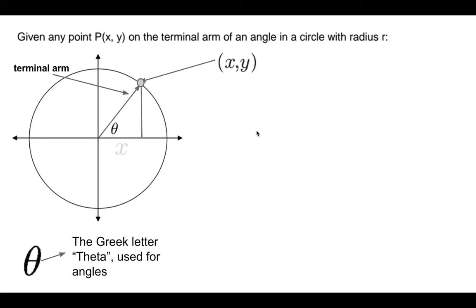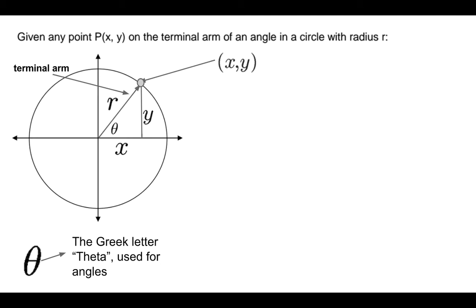The terminal arm, and then we actually have the x and y coordinates tell you that there's x distance and y distances that happen to make up those coordinates. They're kind of the components of the coordinate. So it's a horizontal distance and a vertical distance.